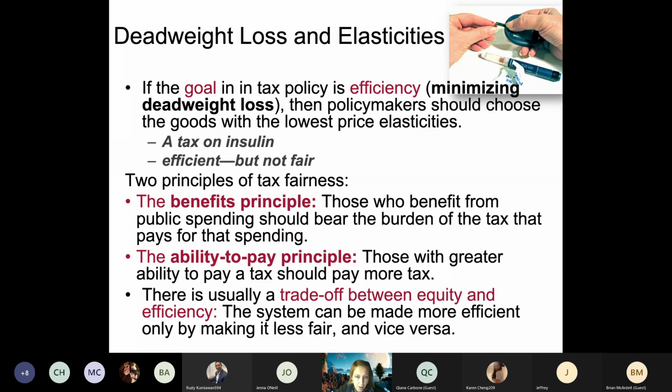Maybe those with greater ability to pay a tax should pay more tax. That sounds fair, right? So the richer should pay more tax, and maybe a higher rate of tax. So that illustrates the trade-off between equity and efficiency. Yes, fairness and efficiency too.